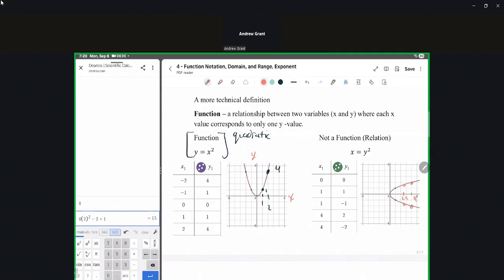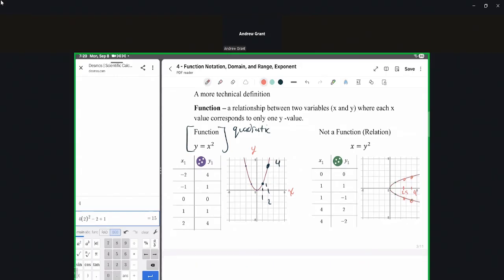All it takes for something to not be a function is that you have an x value that can go to more than one y value. It only has to happen in one spot. As soon as that happens, it's not a function anymore. This is a little bit more detailed for functions that will come up, but I might as well mention it now in detail, just in case somebody wants to review this later.